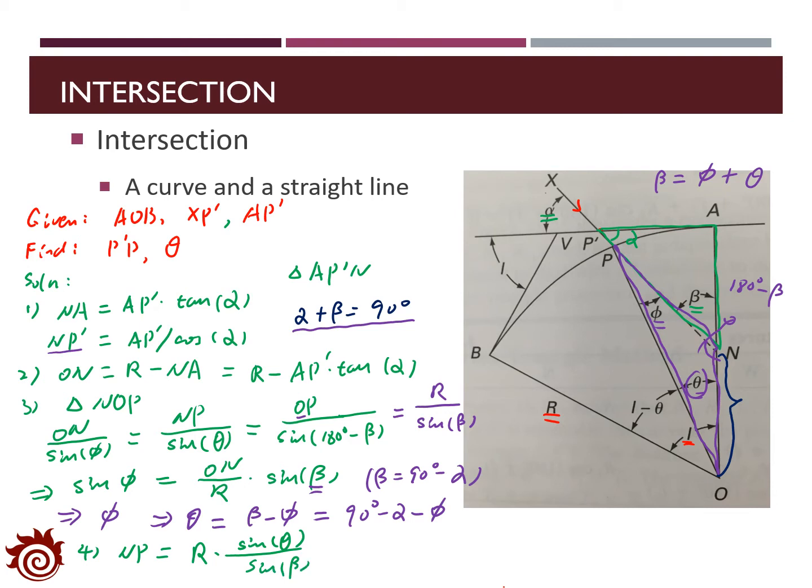This one comes from the equation that we showed here. And we can find out the value of NP and then derive the length of P to P prime as NP prime minus NP. So that's the way for us to get P to P prime and theta for the intersection.